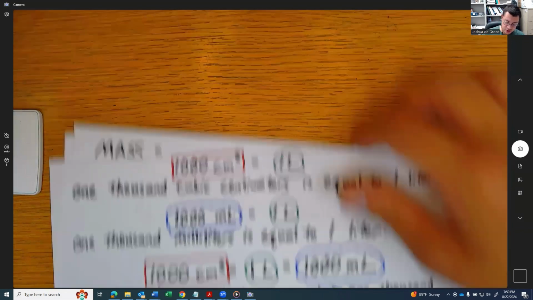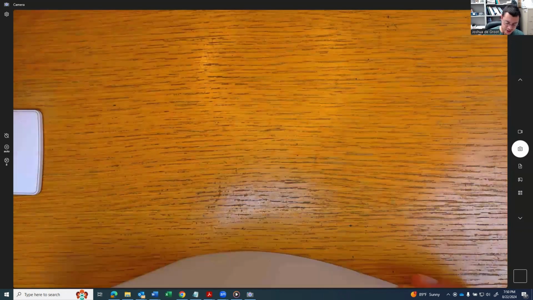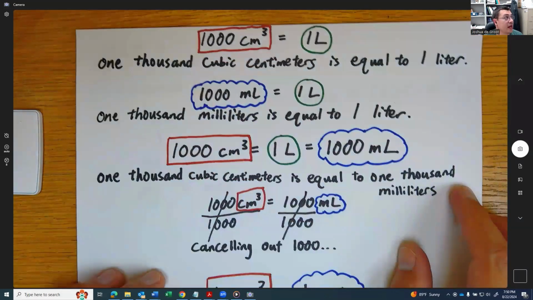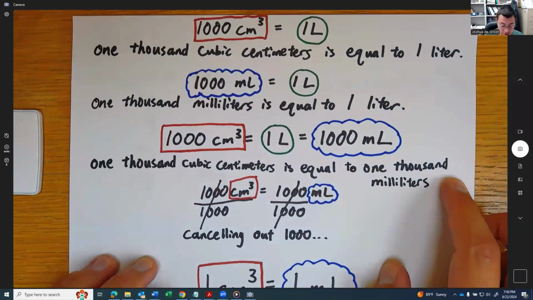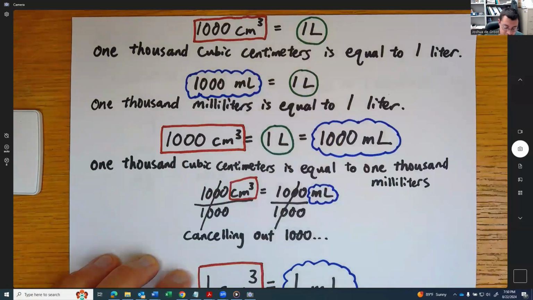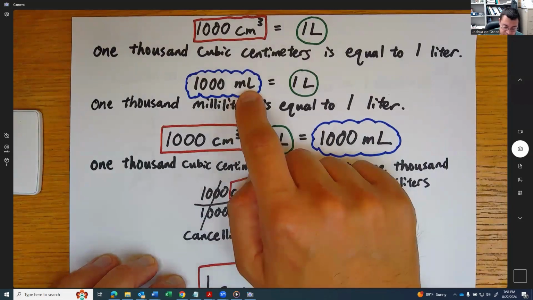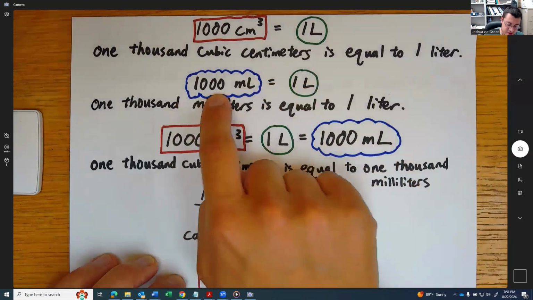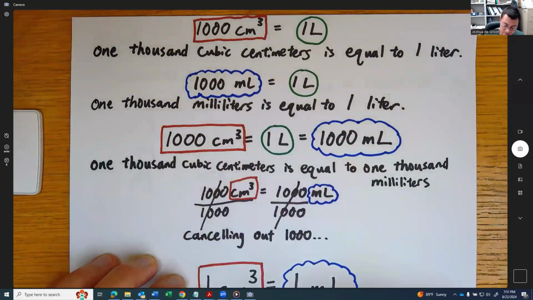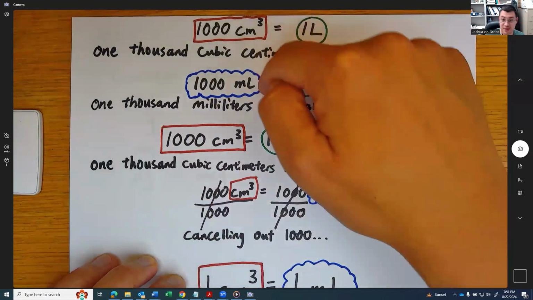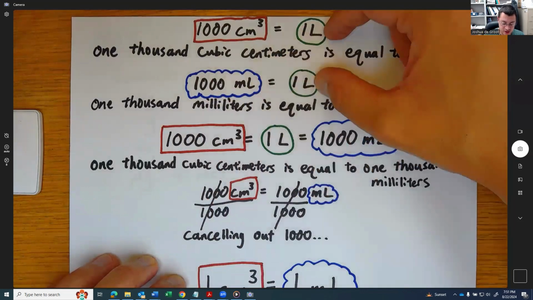Back to the liter, though, I want to show an interesting relationship. We just said that 1,000 cubic centimeters is the same as a liter. Now, the milli prefix means 1,000th of something. So if we have 1 liter, there's going to be 1,000 milliliters in it. Both of these quantities, the 1,000 cubic centimeters and the 1,000 milliliters, are equal to 1 liter.